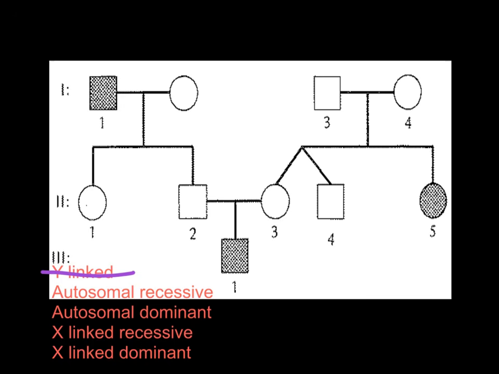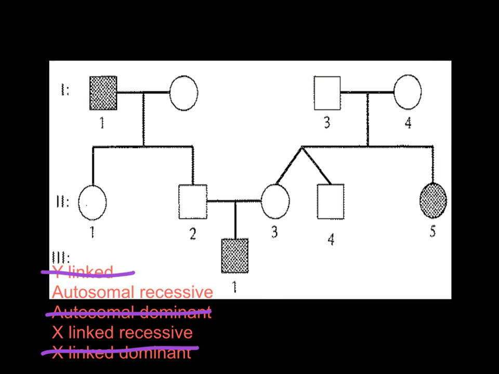The reason we know that is that if it were an autosomal dominant trait, then that means that this affected girl would have to have at least one dominant allele, which she would have had to have received from one of her parents, which means that at least one of her parents would have had to have the big R and therefore be affected, and they are not. Therefore, we can cross off autosomal dominant, and the same rule applies for X-linked dominant.